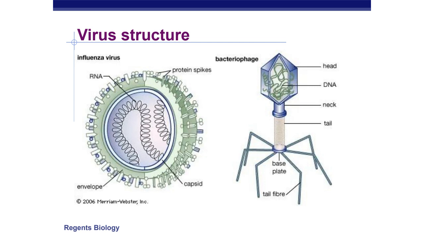For as sick as a virus can make us, they're pretty simplistic in their structure and what they're made of. A virus just has a few parts. A virus is going to have to contain some form of genetic material, and it can contain that in the form of DNA or RNA.